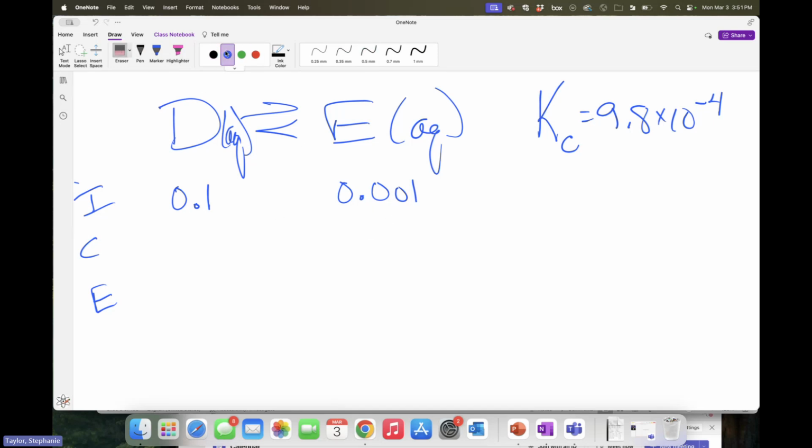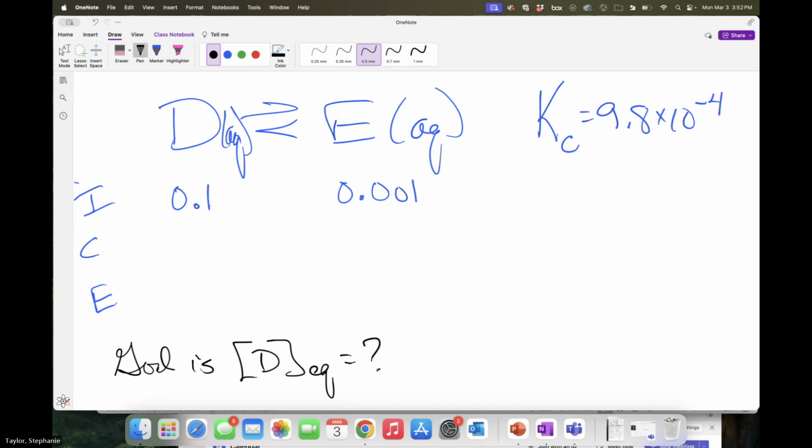I realize I didn't write a problem out, but we're just going to go ahead and use my ICE table. So I have a value for K, and we're going to say that the goal is the equilibrium concentration of D. We'll solve for both of them, and the equilibrium concentration of E.